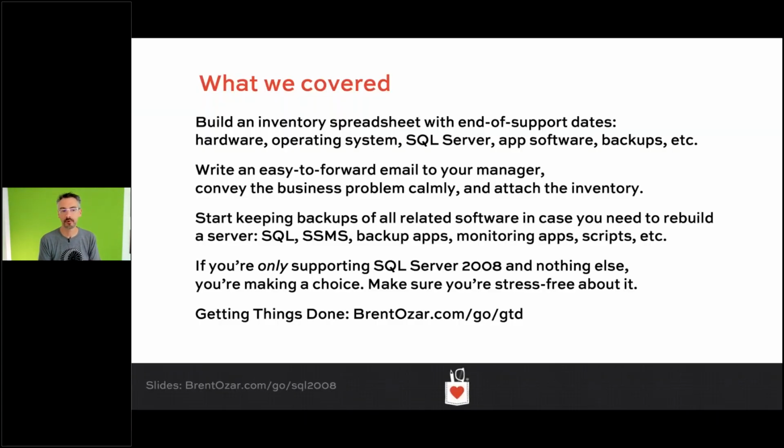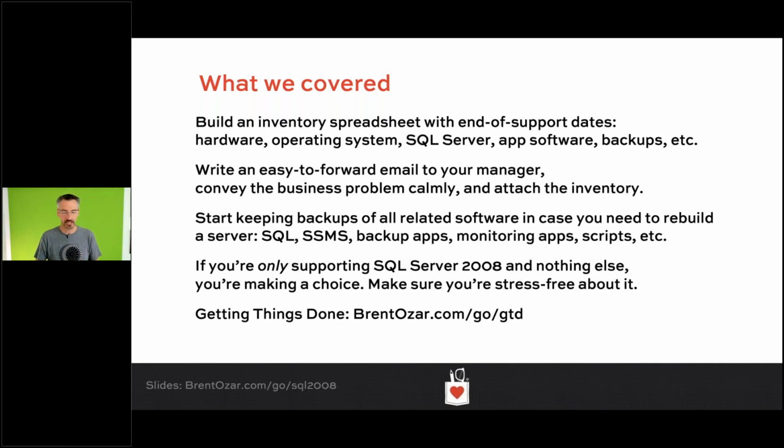Don't be stuck at a company that's still clinging to things on really old versions of SQL Server, because odds are, just as they're clinging to these old versions to save money on hardware licensing and hosting, they're probably also saving money on you.